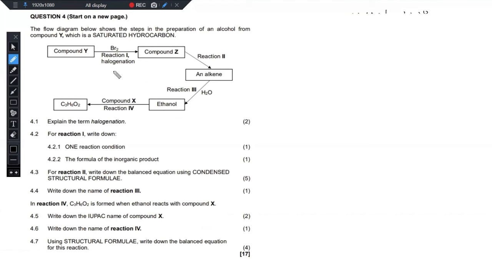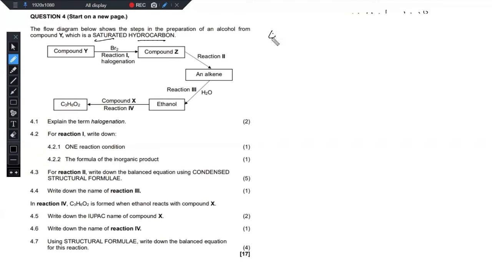The flow diagram below shows the steps in the preparation of an alcohol from compound Y, which is a saturated hydrocarbon. A hydrocarbon is one that only contains hydrogen and carbon atoms only. Then 4.1 says explain the term halogenation.